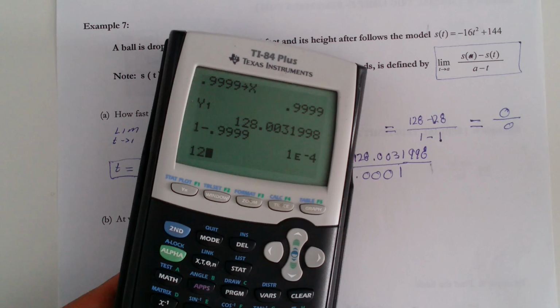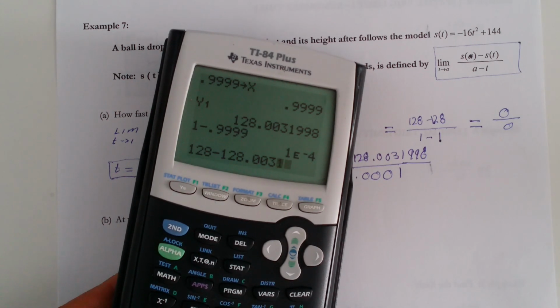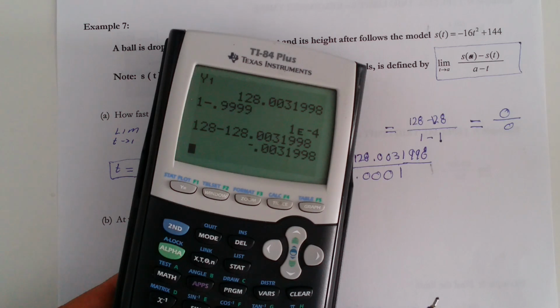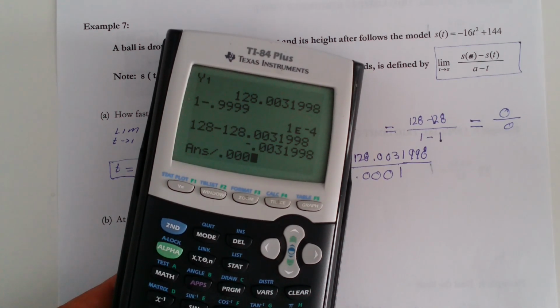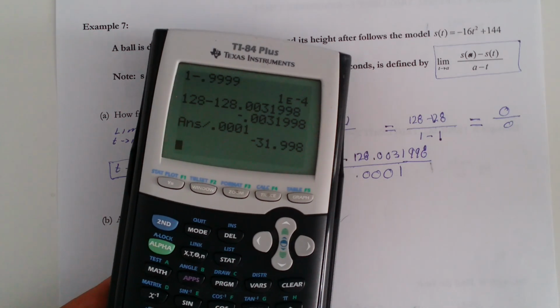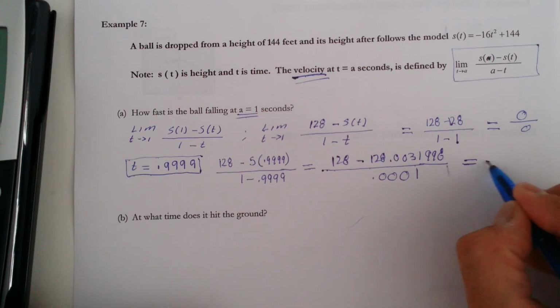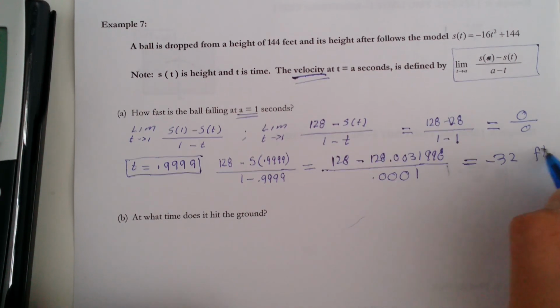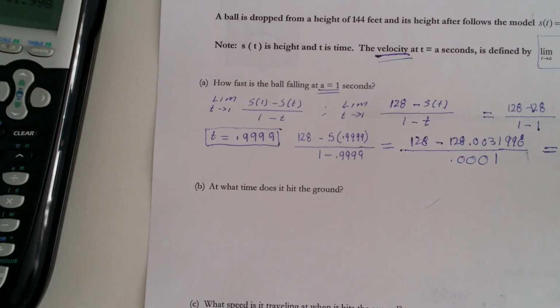So I'm going to take 128 minus 128.0031998 and divide that by 0.0001. Hey, guess what? It's negative 32 feet per second. What do you get? You get negative 32 feet per second. And that's how fast the ball is going, or falling, after 1 second.